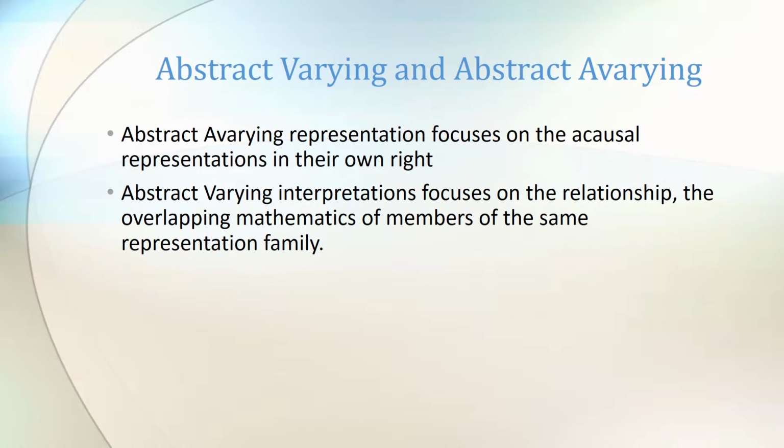Abstract varying representation and abstract a-causal representation. Abstract a-causal representation focuses on the a-causal representations in their own right. It focuses on the structure of a given representation deprived of its causal content.